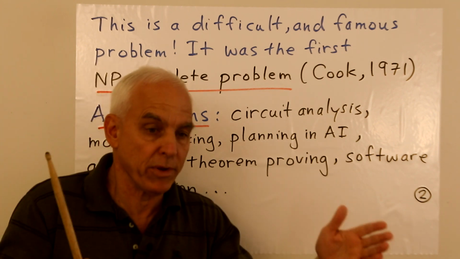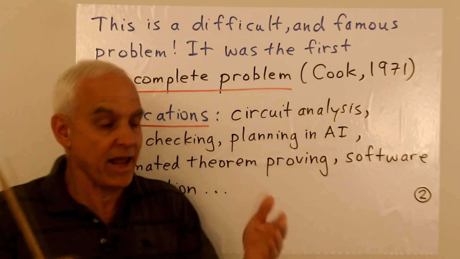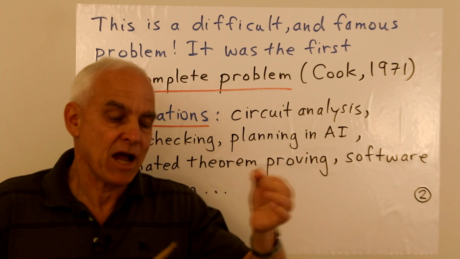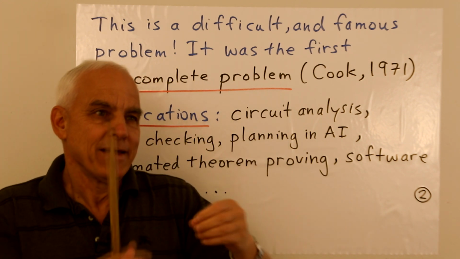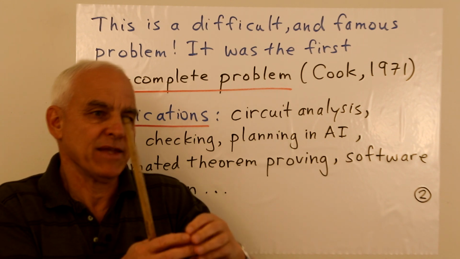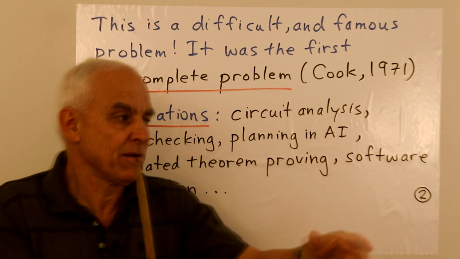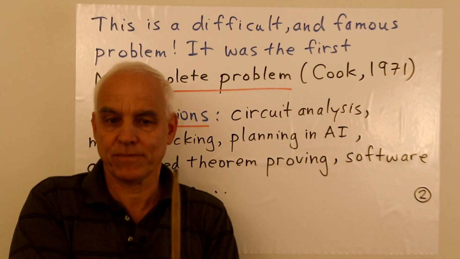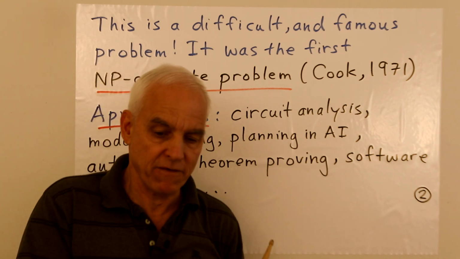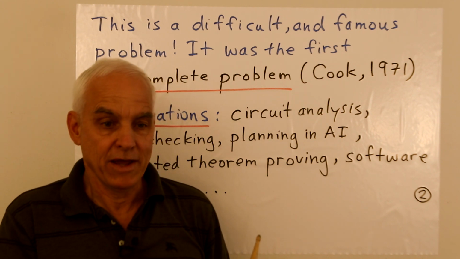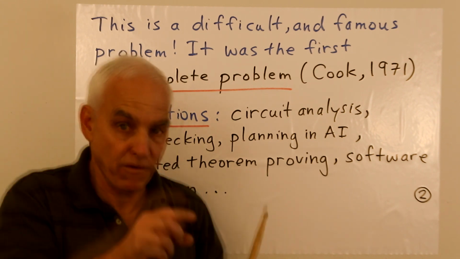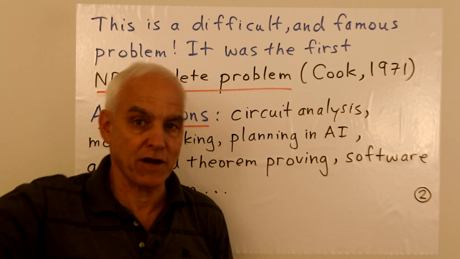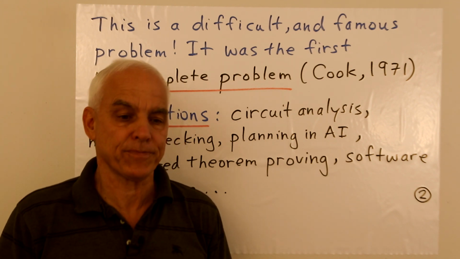And it's NP complete if this kind of problem is somehow generic in the sense that any other NP problem can be reduced to the given one. So NP complete problems are particularly interesting because if you can figure out a way of solving them reasonably fast, then you can solve a lot of other problems also.